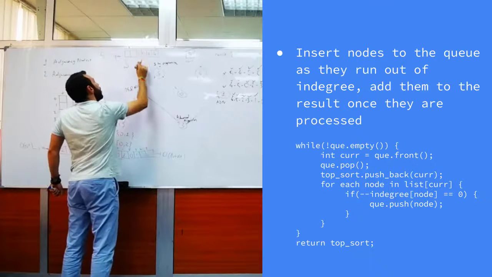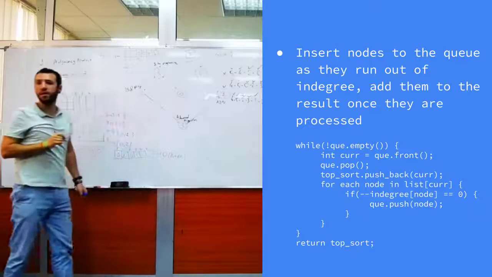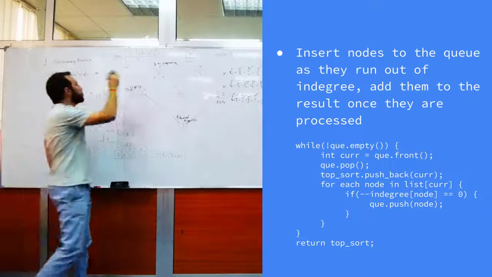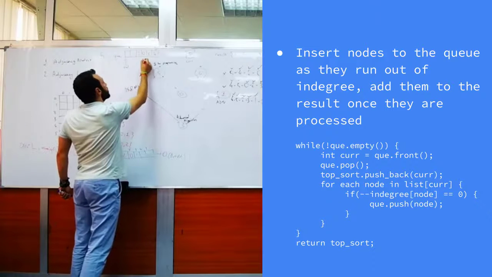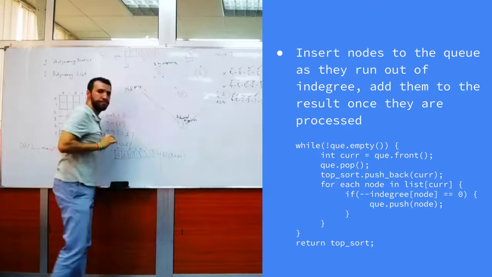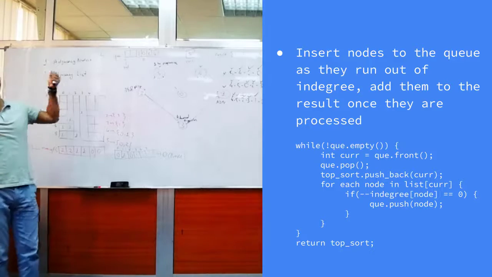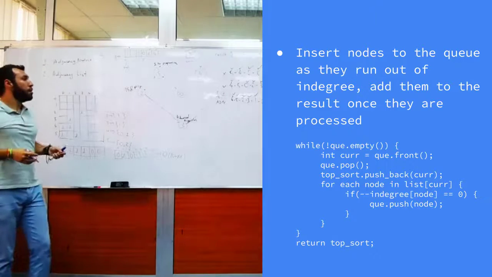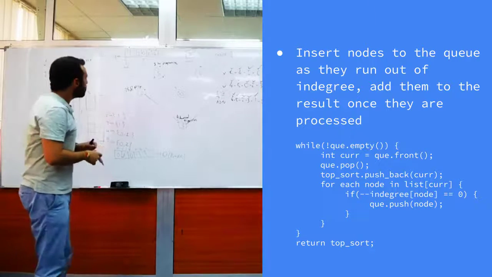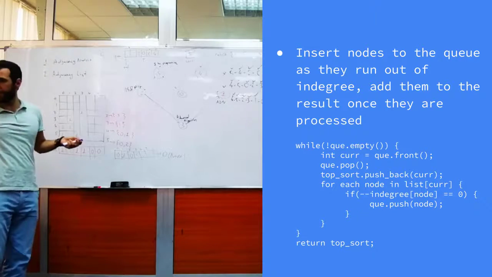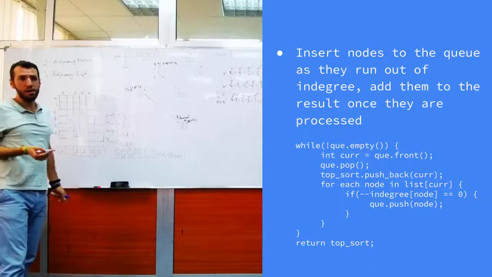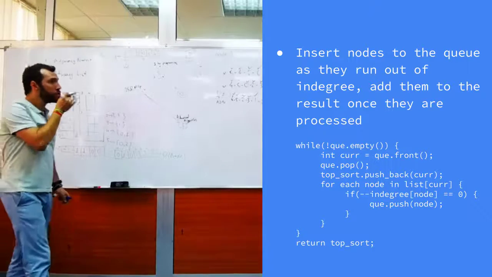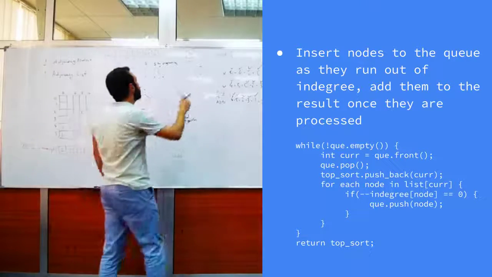Therefore, 2 comes here. Actually, the front didn't move. That's my back. The front is still here. 5 is processed, and I add to the end of the queue. Any other outgoing edges from 5? No. Therefore, I am done with processing 5. Is my queue empty? No. So this time, which node am I going to be processing?